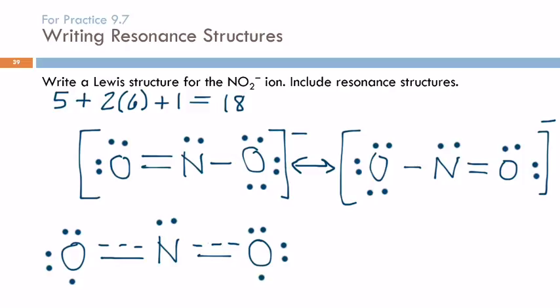This is not a good representation either, because these electrons are paired. For Lewis structure, we could argue about maybe there's a better way, but this is the best way they came up with, and that's what they do. So this is really more like what it is in terms of the bonds. It's two equal bonds. It's not one double and one single.